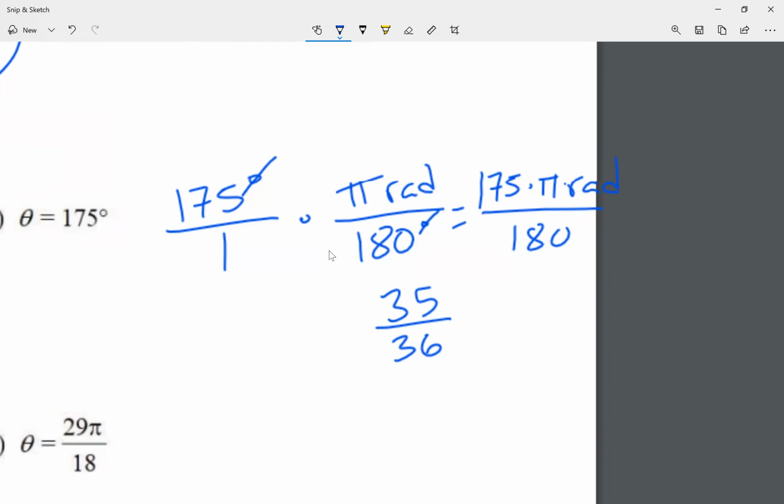We know how to simplify fractions. Now in ALEKS, you don't have to simplify. If you write it as 175 over 180, you'll be okay. Like I said, I simplified it, 35 over 36.